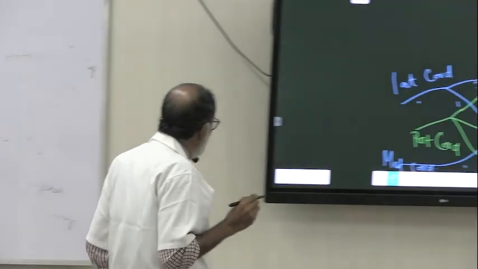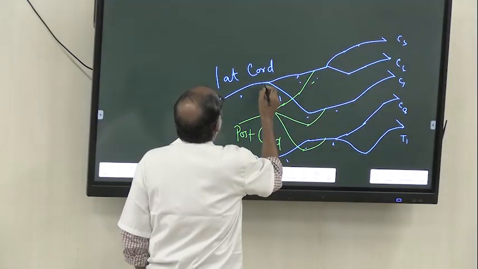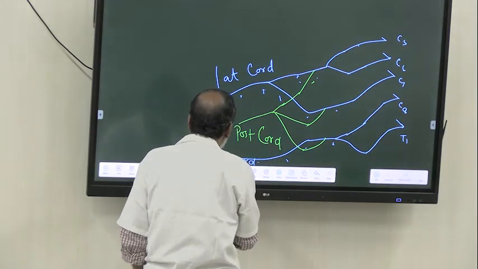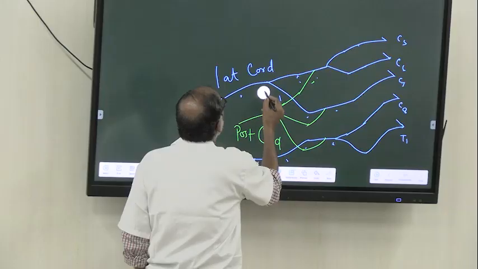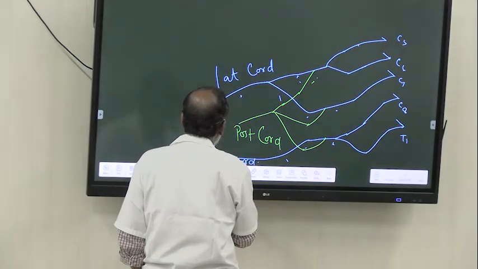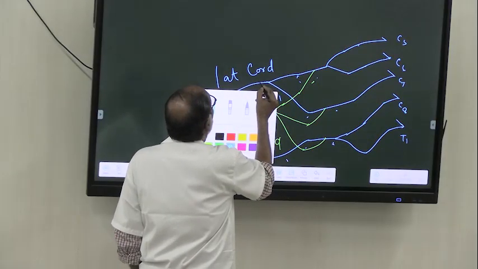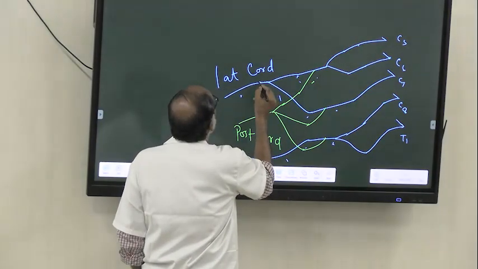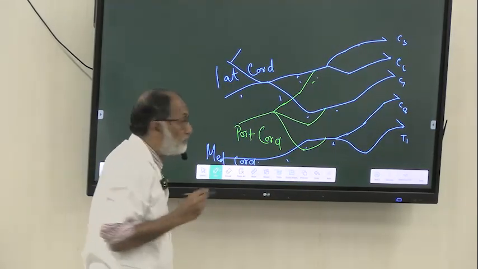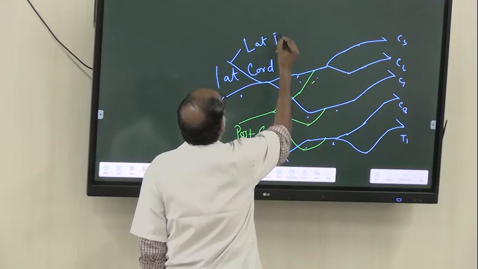Lateral cord, first branch it gives off is lateral pectoral nerve.